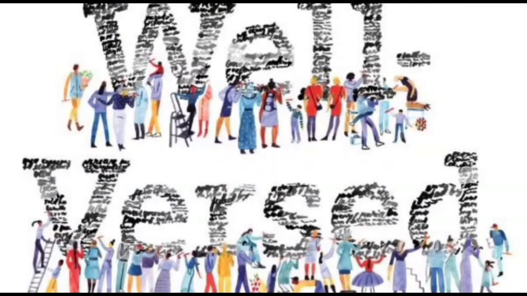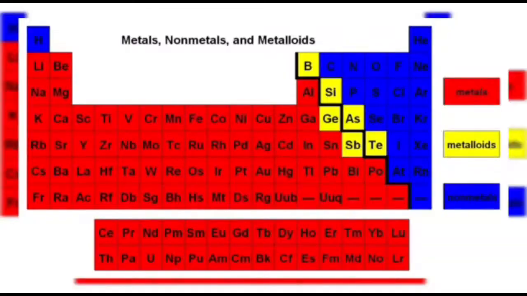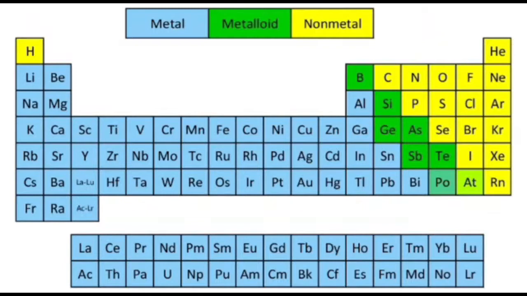Now, I heard that you guys were really good at metals and non-metals, so I hope that you would have noticed the metals are placed on the left. There's sodium, magnesium. There are the non-metals: sulfur, chlorine, oxygen, etc. Now look in the middle.